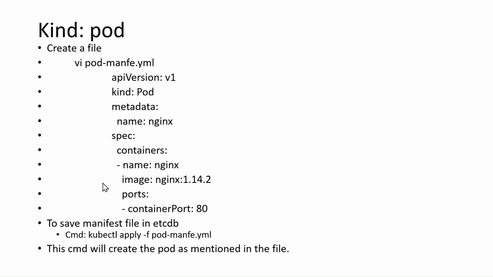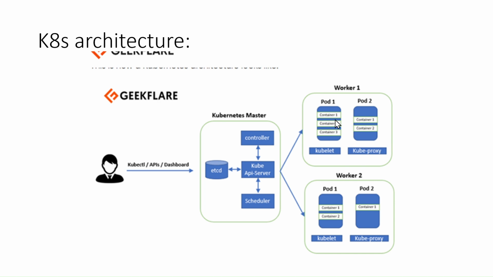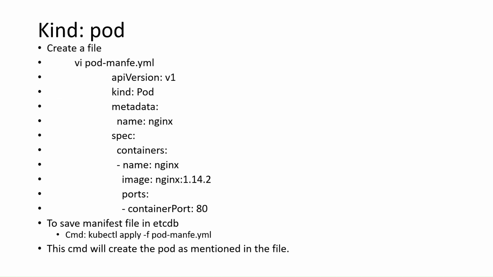So inside my pod I want to create a container. What container do I need to create? Here you can write container 1, container 2, container 3. Inside that pod I want to create one container, and I name that container nginx. Then, what operating system or version of software I should have in that container, I mention as the name of the image here. Where will I get this image? You will get it on Docker Hub.